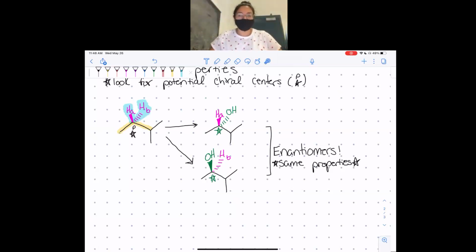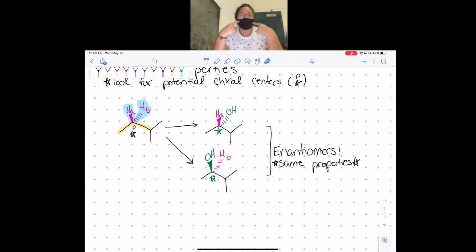Since I am also a bio person and most of you are bio people, I like to relate things to biology to make them easier to understand. From a biological point of view, the difference between two enantiomers is what they can react with. We all know that enzymes are super specific, and so are receptors.